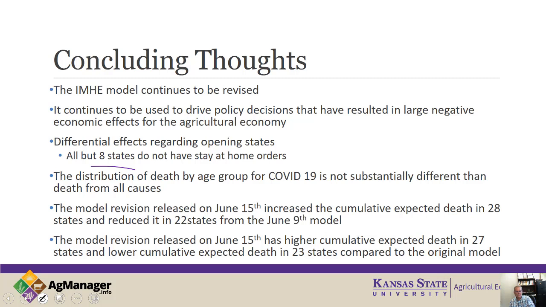In terms of looking at this, essentially the expected death over the last week increased in 28 states, fell in 22 states. And then with the revisions released on June 15th, if we go back to the original model, this last week 27 states have a higher cumulative death than what was in the original model, and 23 states have a lower death.